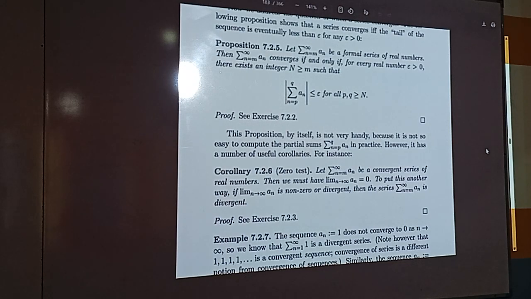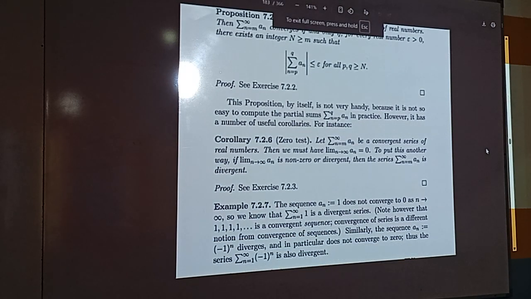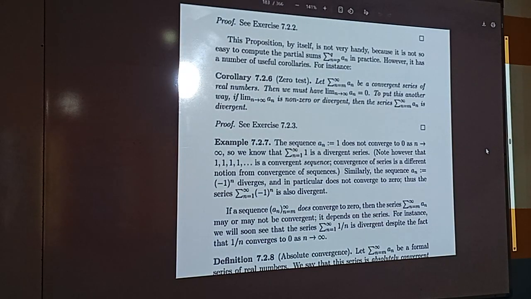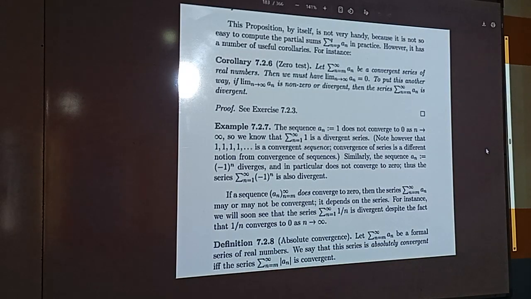Now what? Let's see what is next. If the sequence a_n does not converge to 0 as n tends to infinity, then the series diverges. We know that sigma 1 is divergent. That is clear now. What is the sum of n going 1 to infinity of 1?